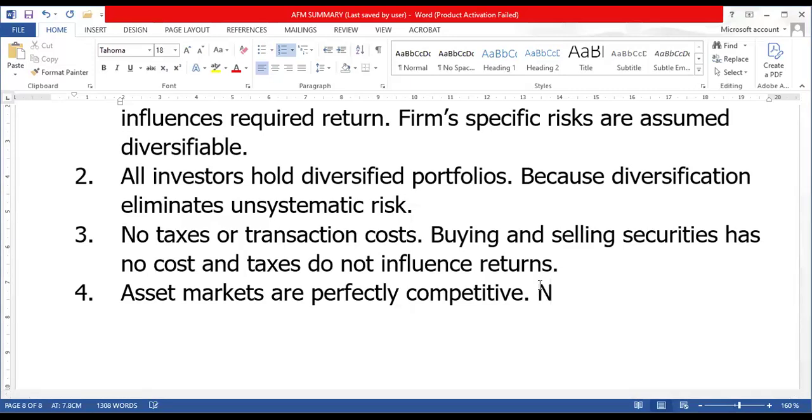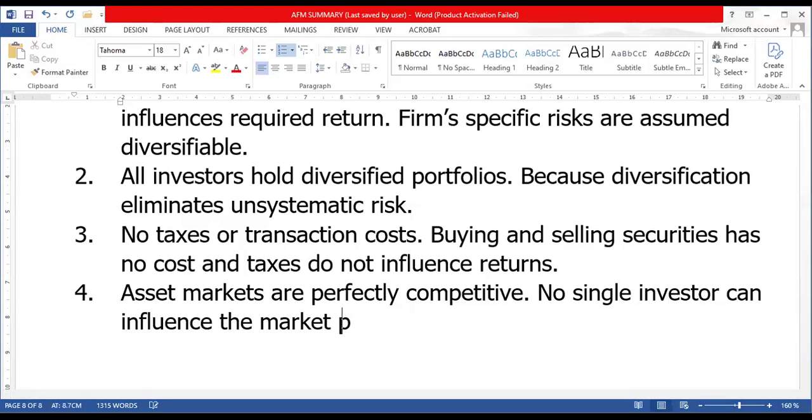What do we mean here? No single investor can influence the market price. That's what we mean. In short, here we are saying that investors are price takers.